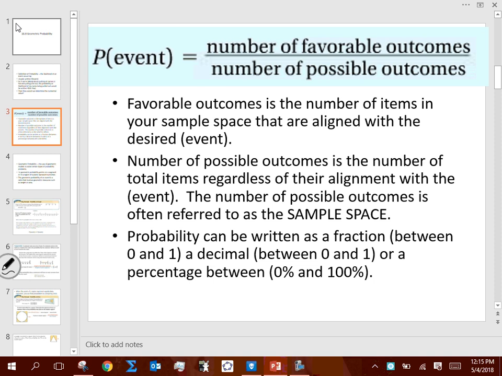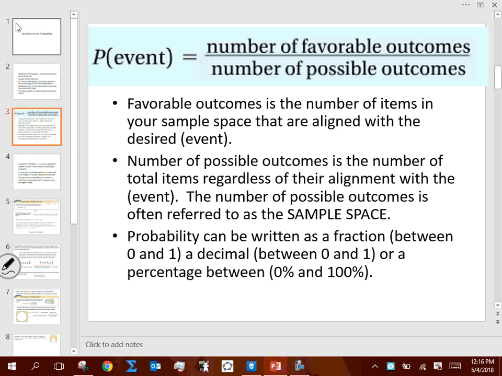The numerator is always your number of favorable outcomes, and your denominator is the number of possible outcomes. Usually the denominator is referred to as your sample space. You guys have heard that before, right? Okay.